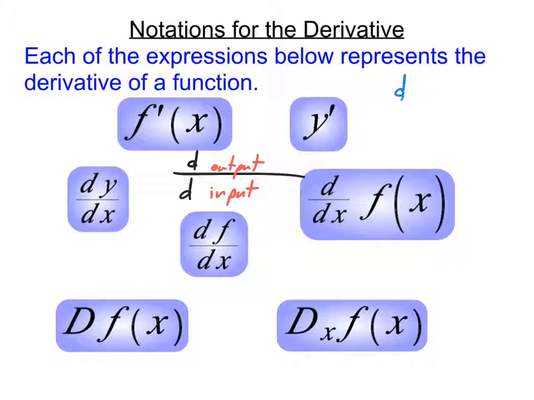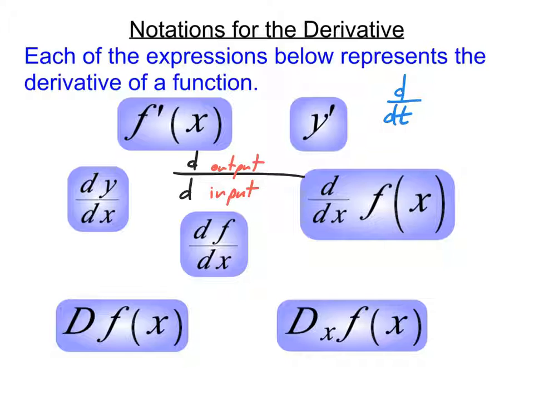Like, it's very common to see something like d over dt. What that tells me is that this is the derivative with respect to time, or at least t, which is normally time. And so there's lots of different variables that will come up along the way here. Now you notice that in this particular example up here, I didn't write a letter on the top.